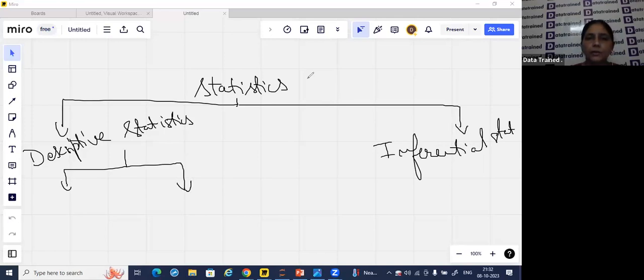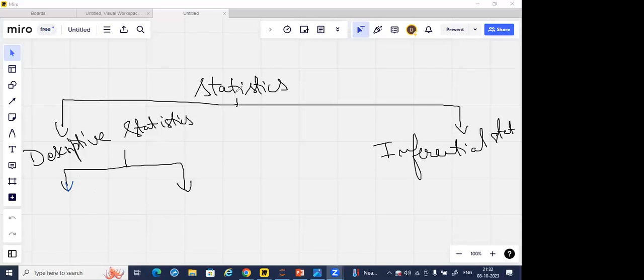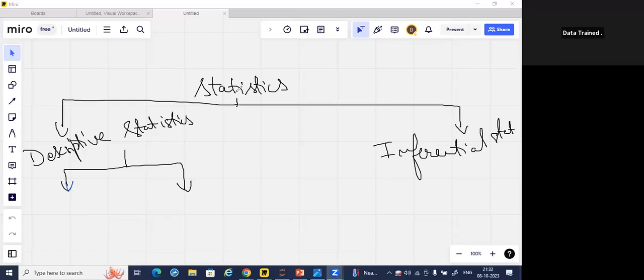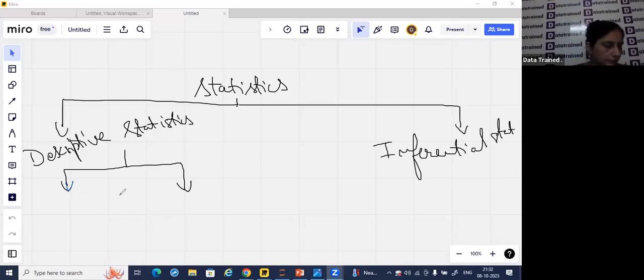Can you tell me what are the two? That one is central tendency and dispersion of data.